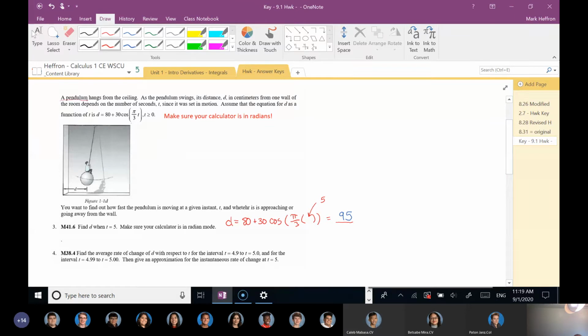A pendulum hangs from the ceiling. As the pendulum swings, its distance d in centimeters from one wall of the room depends on the number of seconds t. What does that d represent?